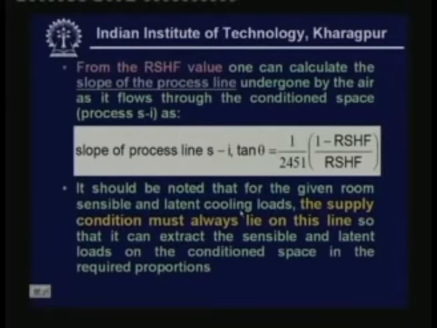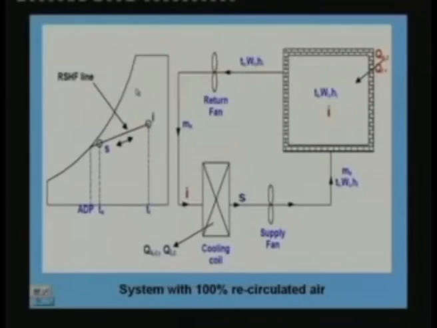Okay, and one very important thing to be noted here is that for the given room sensible and latent cooling loads, the supply condition must always lie on this line so that it can extract the sensible and latent loads on the conditioned space in the required proportions. That means, let me quickly repeat what I said.